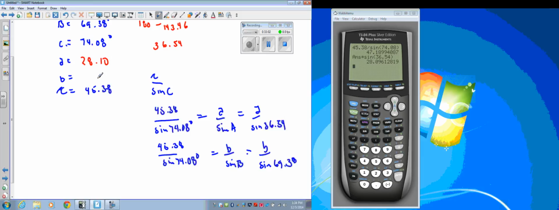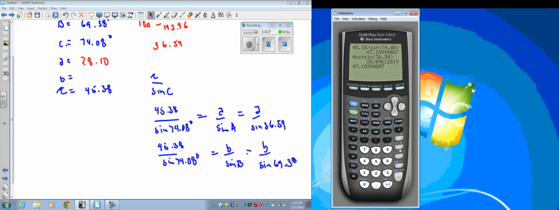Is everyone getting that? Okay, and then we want to go up and pick this 47 up again. And then we want to multiply it by the sine of 69 point, what was that? 38? Yeah.